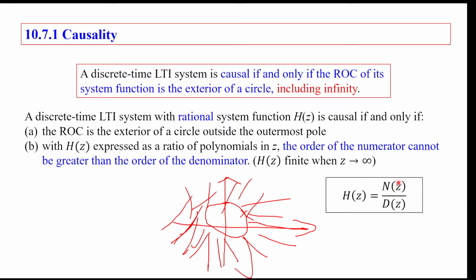So your N of z cannot grow faster than your D of z, which just means the power of the numerator cannot be more than the power of the denominator. So for a rational function, you can easily judge whether it's causal by looking at the difference between those powers. The numerator power should be not greater than the denominator power, because you want H of z to be finite when z goes to infinity.